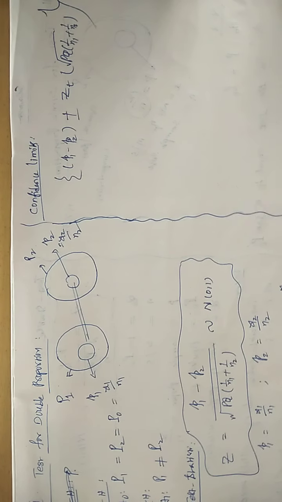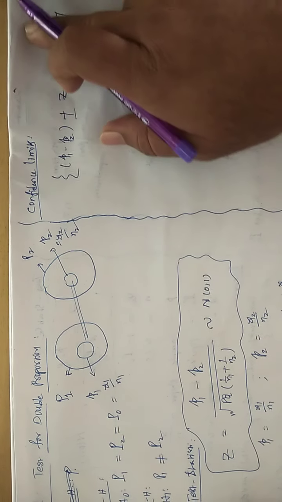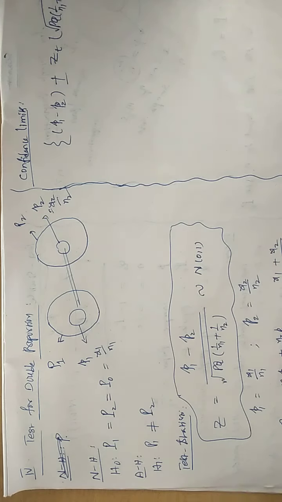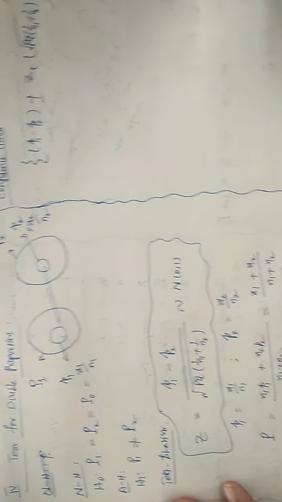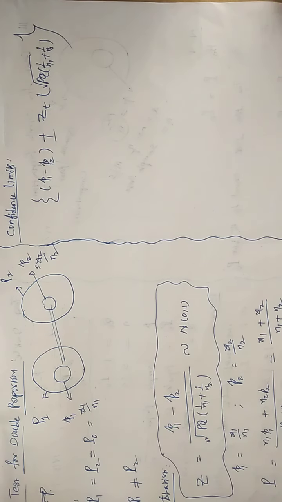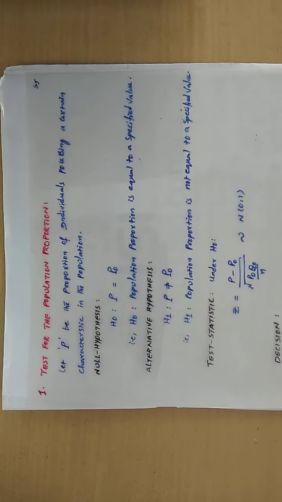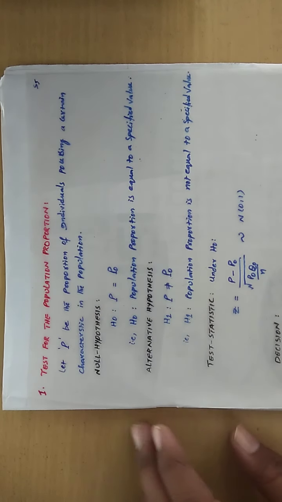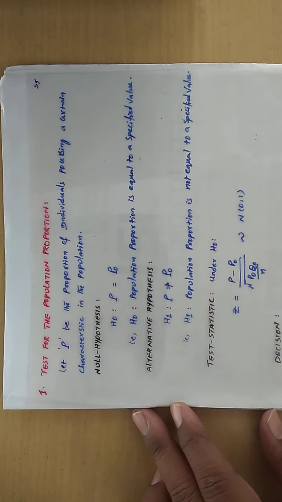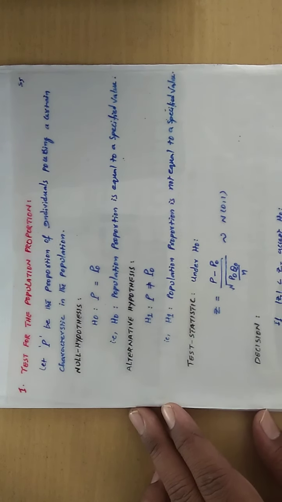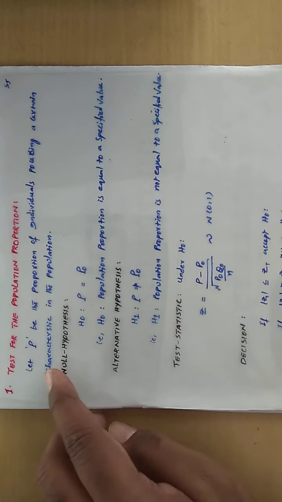So till now, what we discussed is the theoretical part of the third test: the test for single proportion as well as the test for double proportion. Now let us see this slide. The test for the population proportion, or the test for the single proportion. What is capital P?